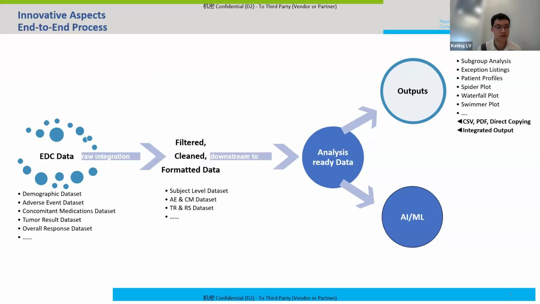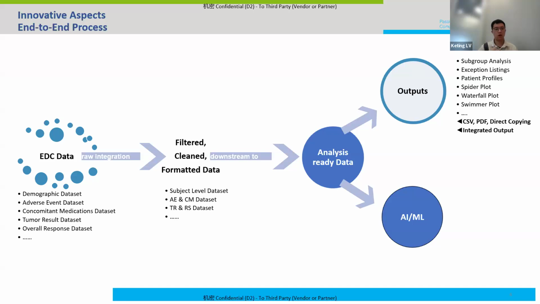Before I display this Shiny app, I would like to quickly introduce the data flow of this app. So as you can see, different studies even within a single company may have different data structures or variable names, making the harmonization or normalization of the raw datasets necessary before the outputting process.